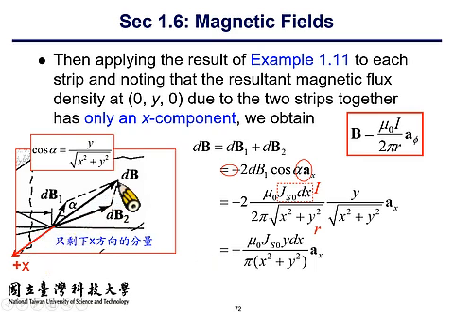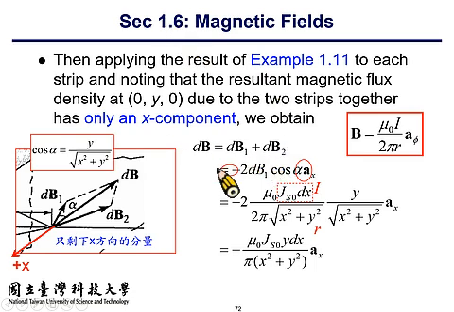So the sum of dB1 and dB2 is dB, which is pointing along the minus x direction. And they are added up. They can be found as dB1 times cosine alpha times 2, because the projection along the axis are the same for dB1 and dB2.